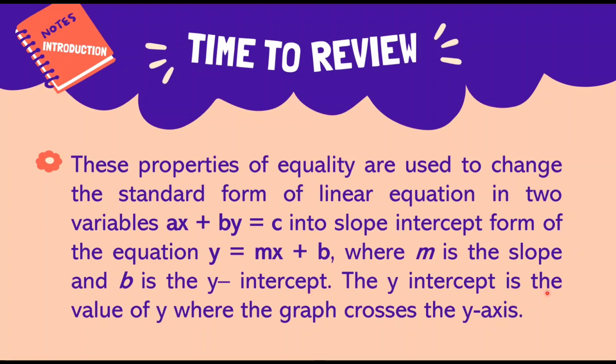The y-intercept is the value of y where the graph crosses the y-axis. On the next slide, we will discuss different examples on which we can apply the properties of equality.